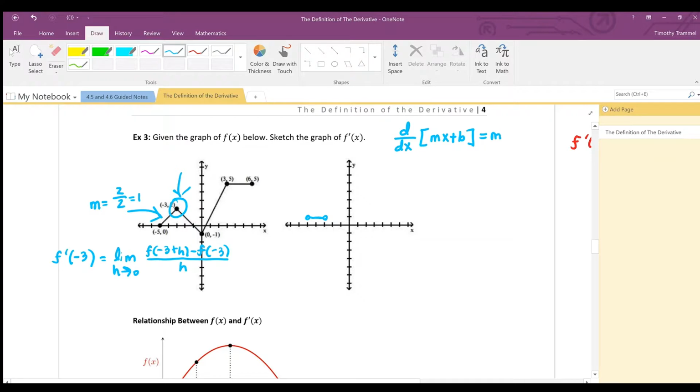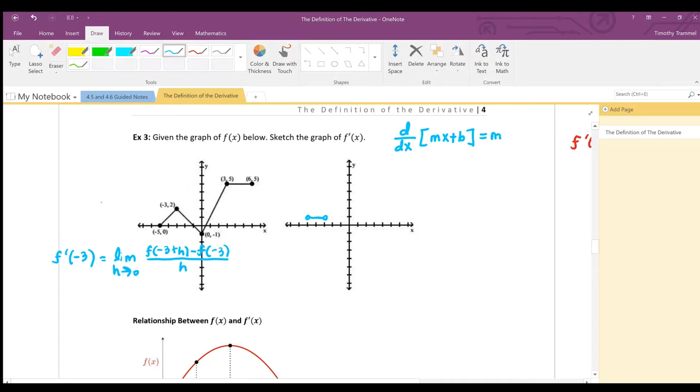So it'll be approaching a different number, okay, as we approach from the left and right. So this limit doesn't exist. And so that's why I'm going to exclude all of the endpoints and sharp corners.